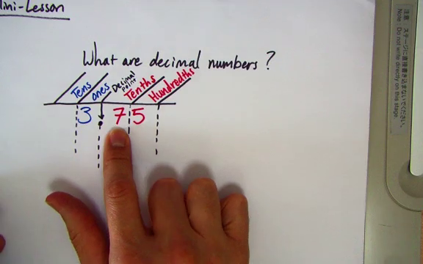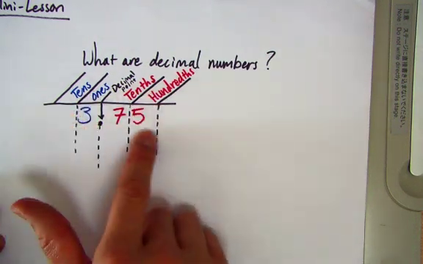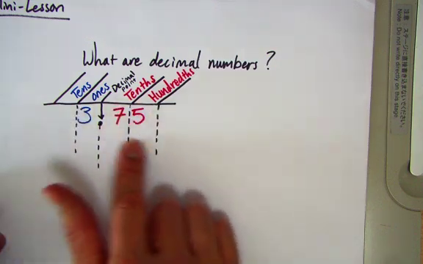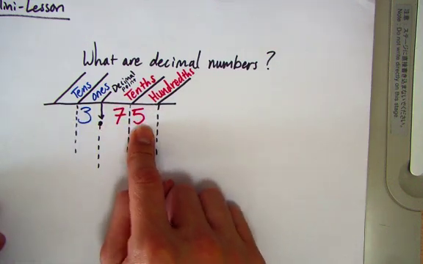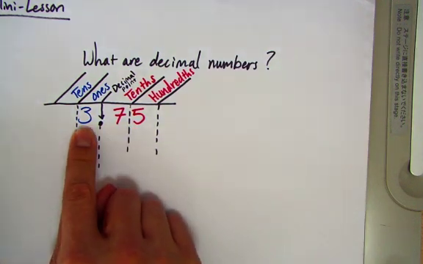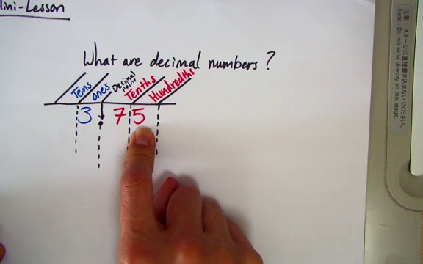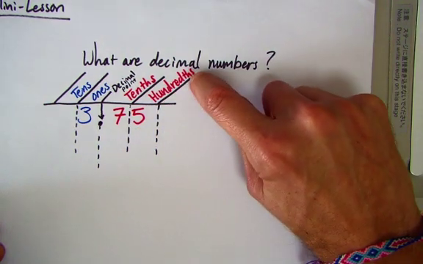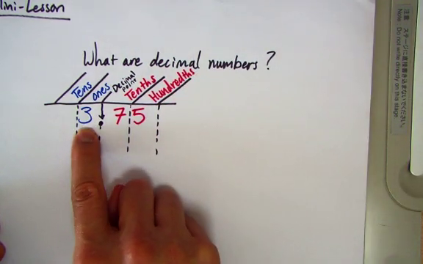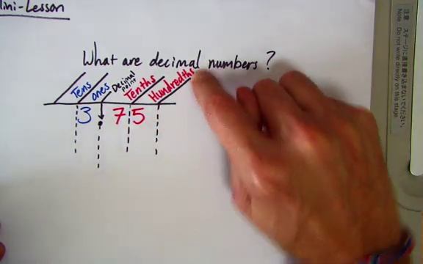So we said this is 7/10 and that's 5/100. Well, the way that I'm going to read this is I'm going to use the furthest digit to the right for the fraction part. So I would just say 3 and 75 hundredths. This is 3 and 75 hundredths.